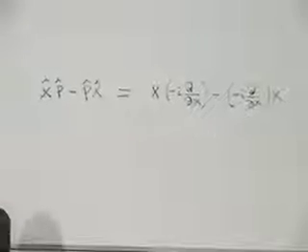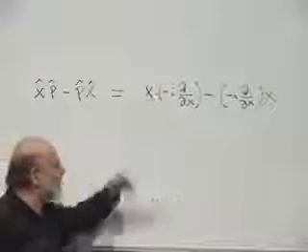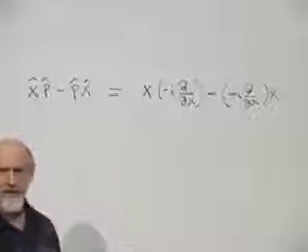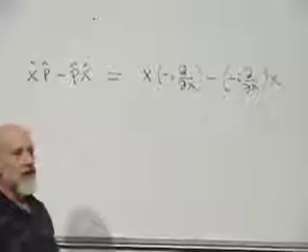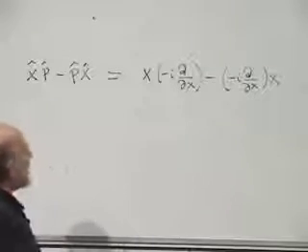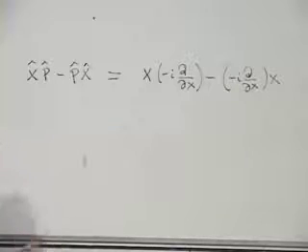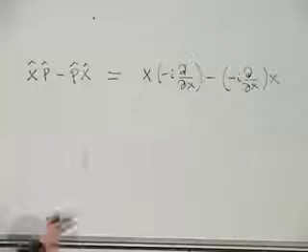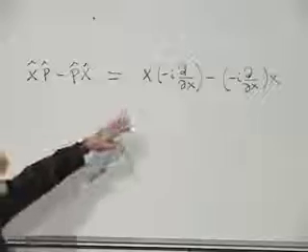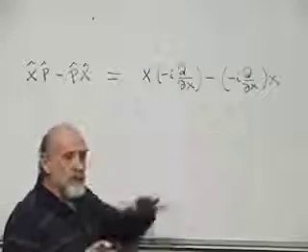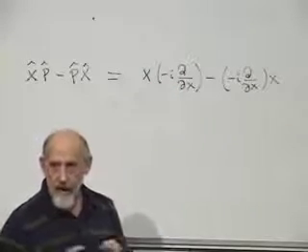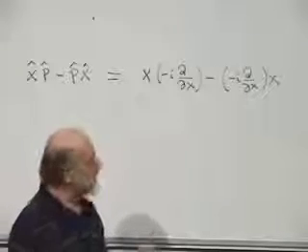But what on earth does this mean? You're not allowed to just write d by dx. d by dx has to do something to a function. So let's take this and see what it does to a general arbitrary function. Let's try to figure out what this operator is by seeing what it does when it operates on a general function.